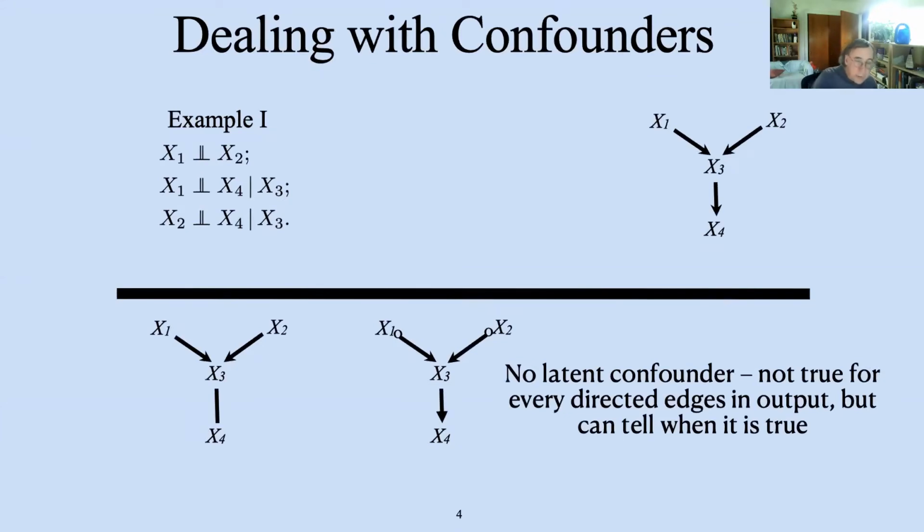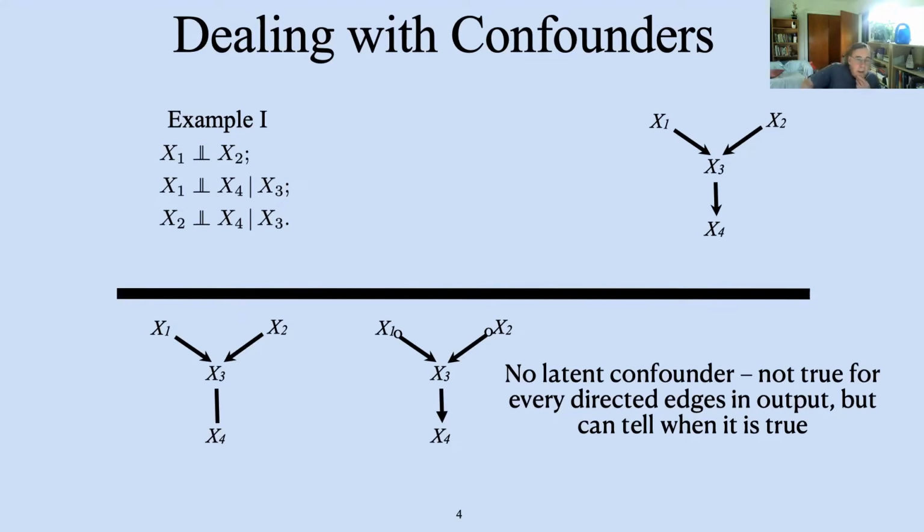Let's start off with a couple of simple examples. Suppose that the true graph is the graph on the right, and according to d-separation, what we have from that graph is that x1 is independent of x2, x1 is independent of x4 given x3, and x2 is independent of x4 given x3.